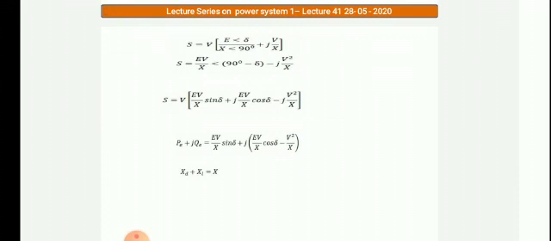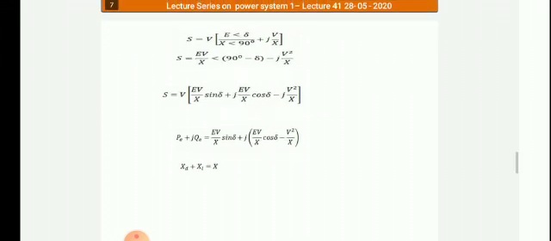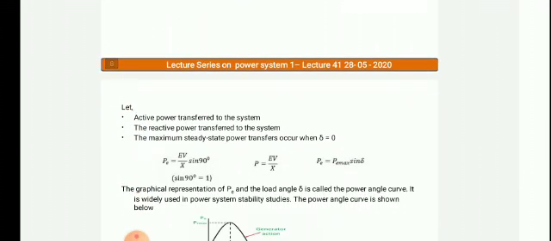Where X is equal to Xt plus Xl. So the active power is transferred to the system, and the reactive power is transferred to the system. The maximum steady state power occurs when delta is 90 degrees, because when delta is 90 degrees the power is EV by X, which is the maximum power.